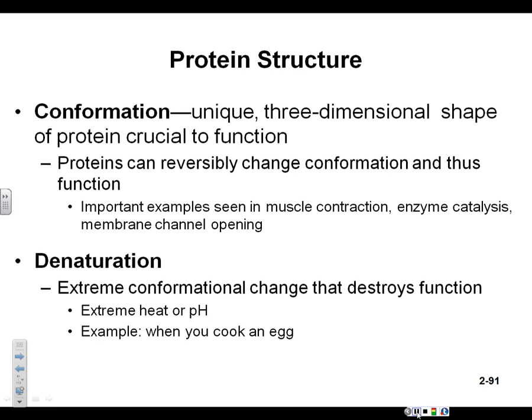People have heard of depolymerization. That's when you put so much heat or add an acid. People have cooked their egg. The egg is a protein. When you put it in heat, what happens?